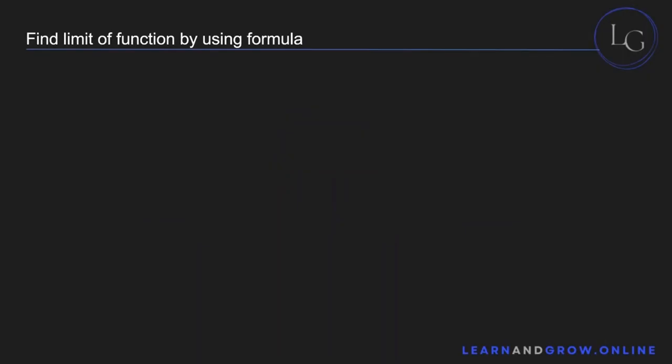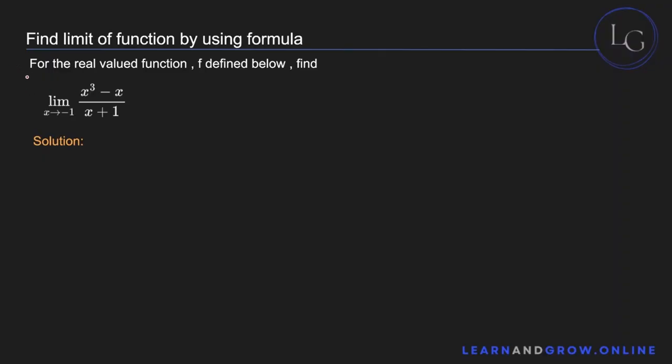Now let's find the limit of a function by using the formula. Now, for a real valued function, this is defined, okay? We have to find x cubed minus x over x plus 1 as x approaches negative 1. Now, the initial problem that you'll face over here is that when you input negative 1 in place of x, what would this become?